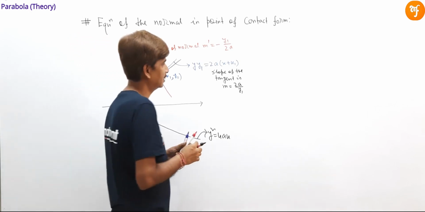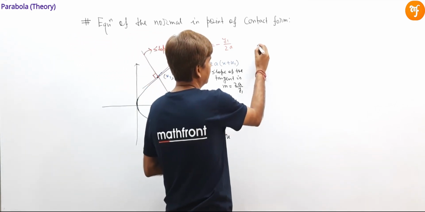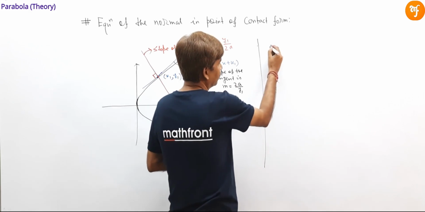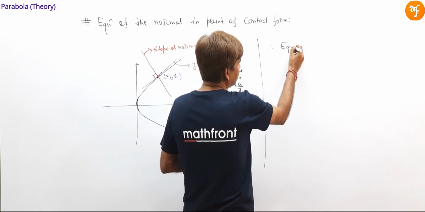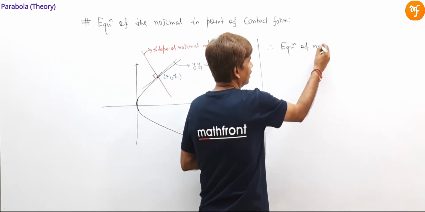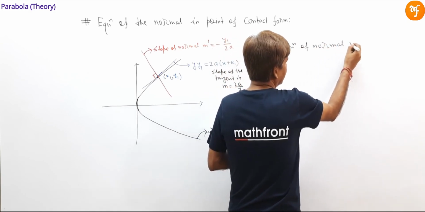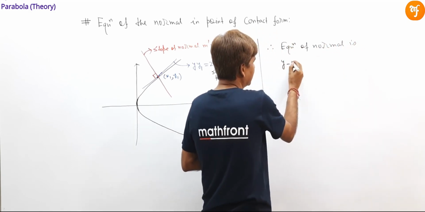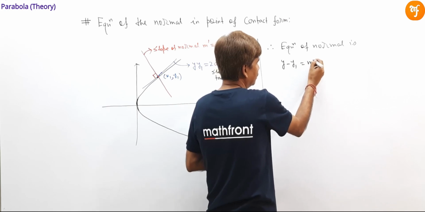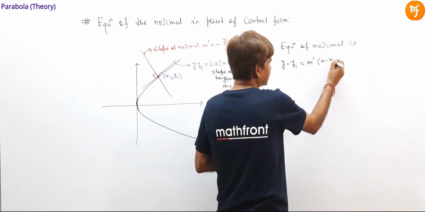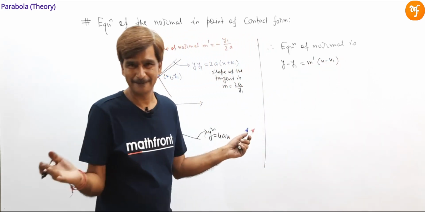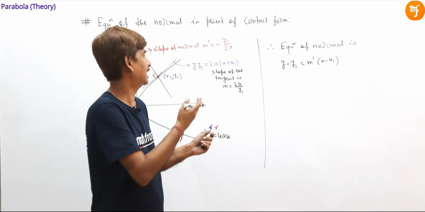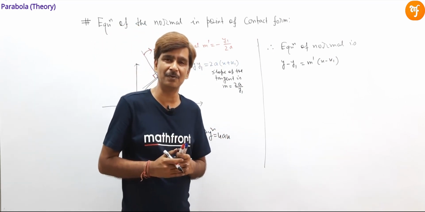So we can say, therefore, equation of normal is y minus y1 is equal to m dash into x minus x1. Is it? Now what is the value of m dash? We have it is already minus y1 divided by 2a.